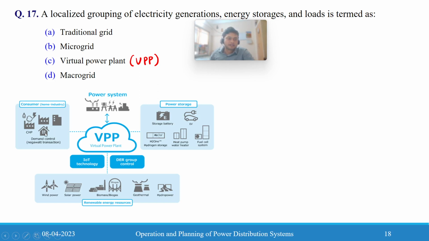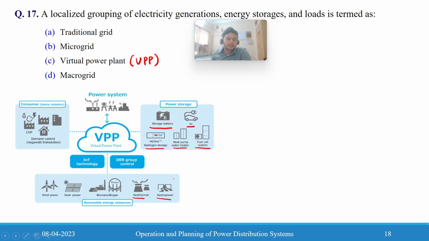This is the typical figure denoting a virtual power plant. We have homes and industries all connected through IoT technology, and the conventional power system is also there, along with power storage such as EV storage batteries. Fuel cells also come under this system, and others are renewable resources: wind power, solar power, biomass, geothermal, hydropower.